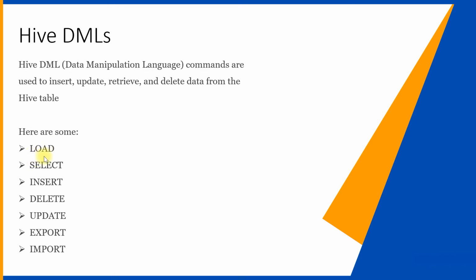That's why we use the load local inpath command. And as you might be very familiar, select is possible: select star or select columns from a particular table. Similarly, you can insert data, delete data, update data, and also perform export and import.